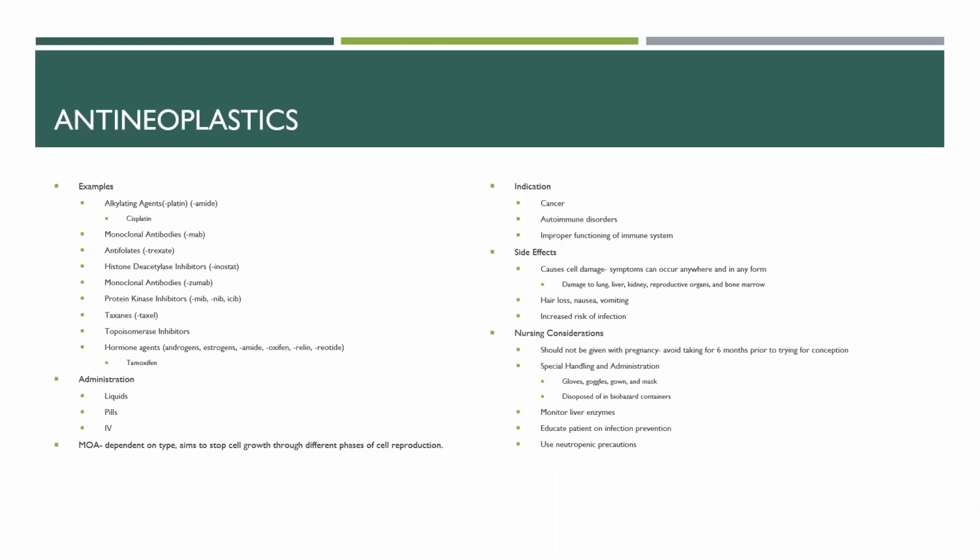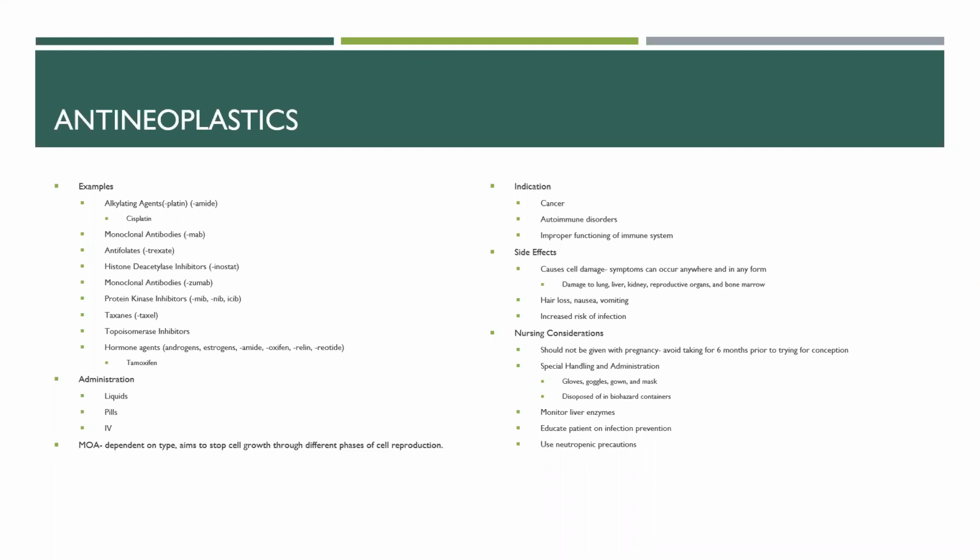While we try to make it as specific to the cells that we want to kill as possible, that's not always what happens. So this can actually cause cell damage to any cell in our body. So symptoms can occur anywhere and in any form, depending on what cells are destroyed. So it can cause damage to the lungs, the liver, the kidneys, reproductive organs, and any bone marrow. It often causes hair loss, nausea, and vomiting, and it can significantly increase the patient's risk for infection.